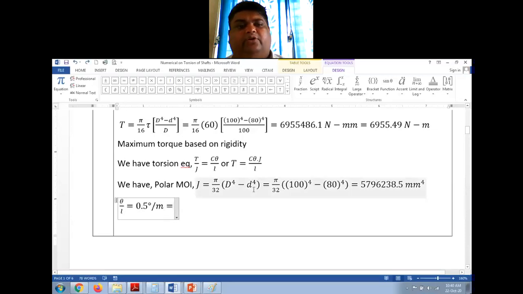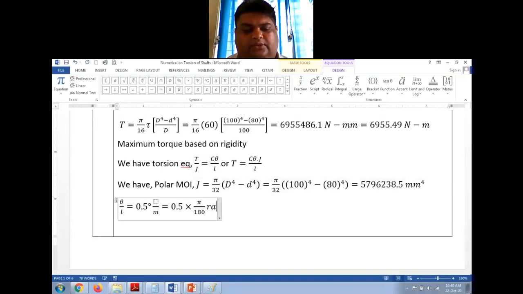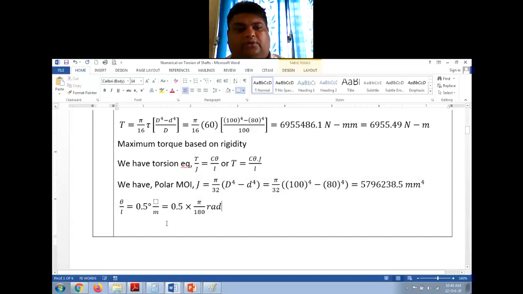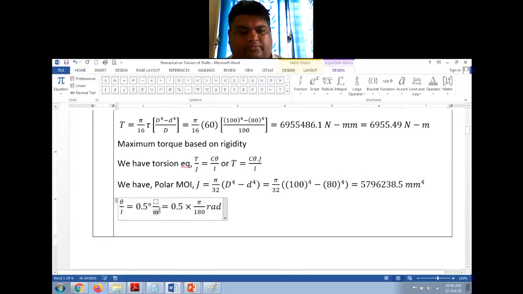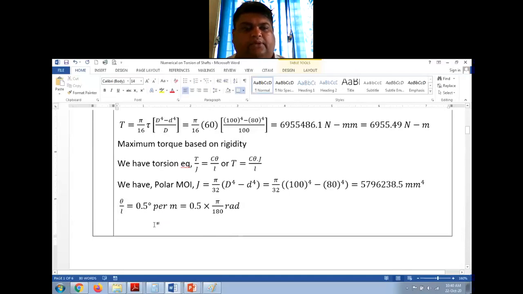Because in the equation we have to put it in radians. So how to do this? 0.5 into pi by 180, right? So this is in radians now. Or I'll write it like this, right? So this is my theta by L.